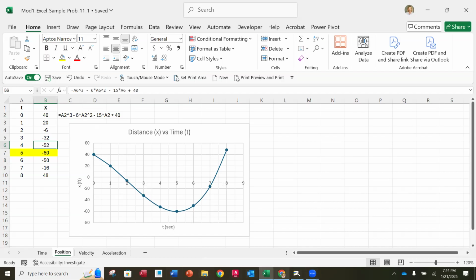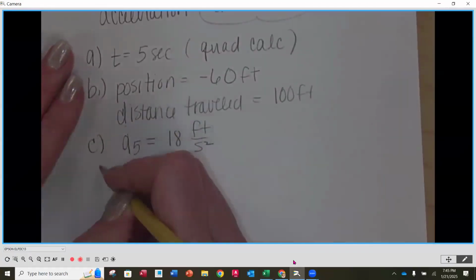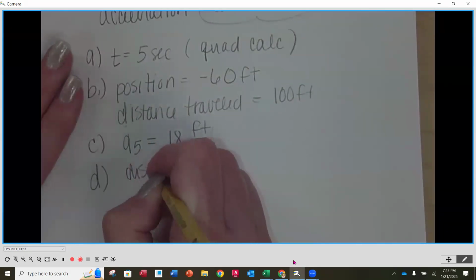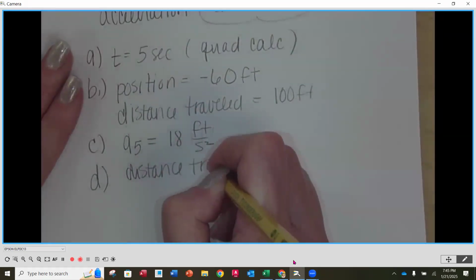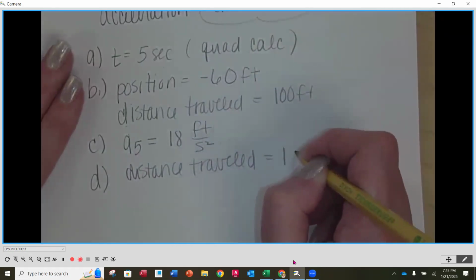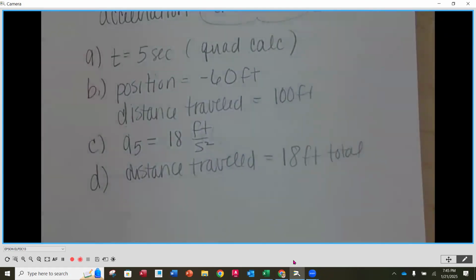So distance traveled here for part D equals, what did we say? 18, right? 18 feet total. Okay. And there's not really a way to show that on the spreadsheet. Does that make sense? Okay.